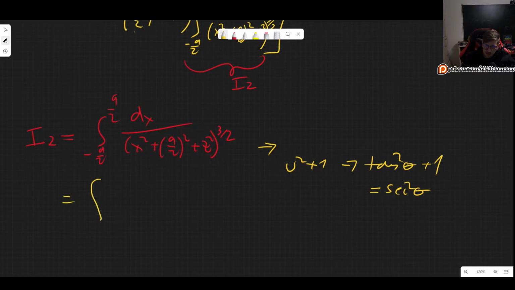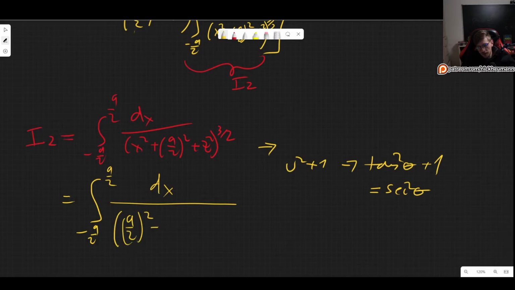So this is the integral from minus a over 2 to a over 2 of dx. And now let me factor that out. So we factor out a over 2 squared plus z squared, and all of this is to the 3/2 power.